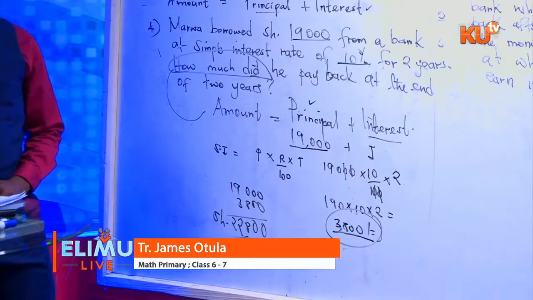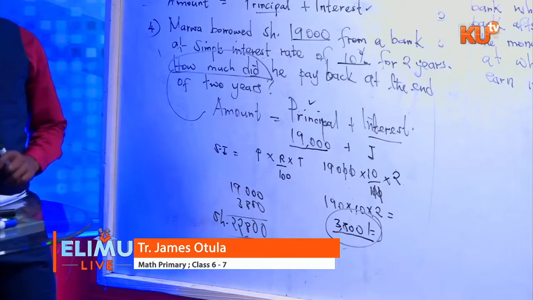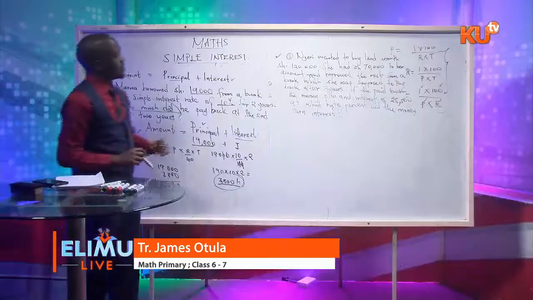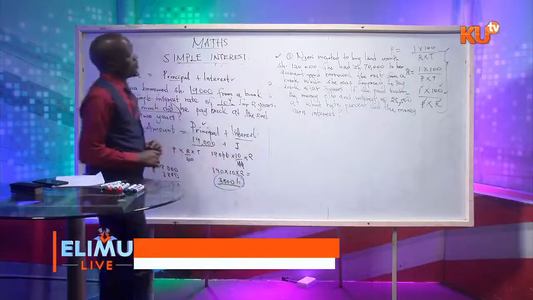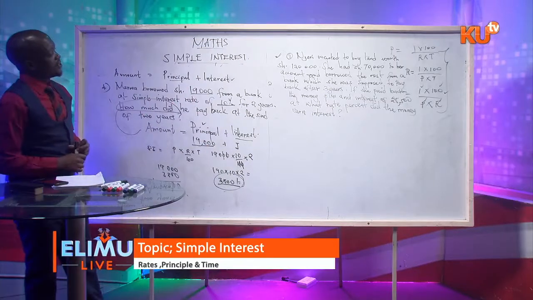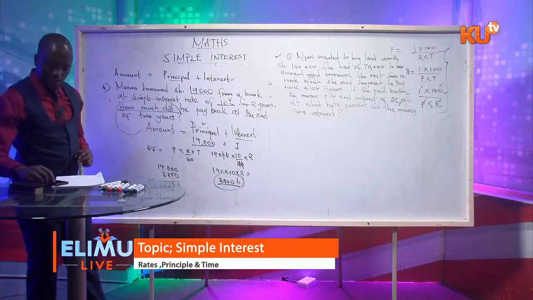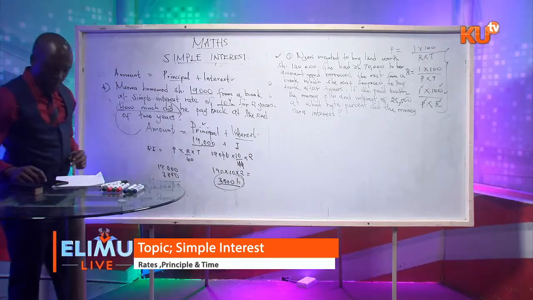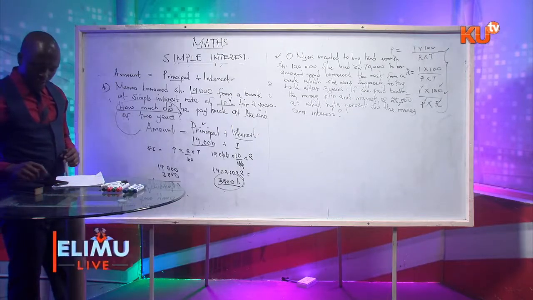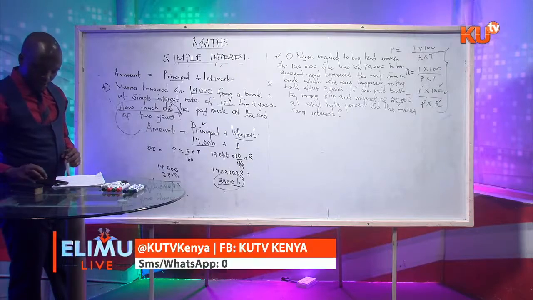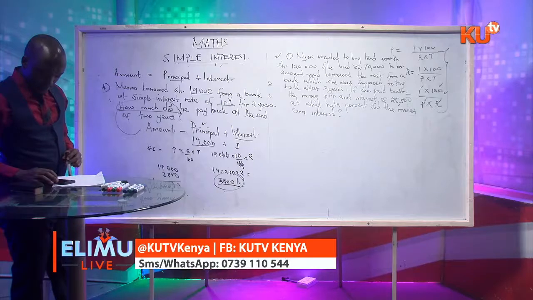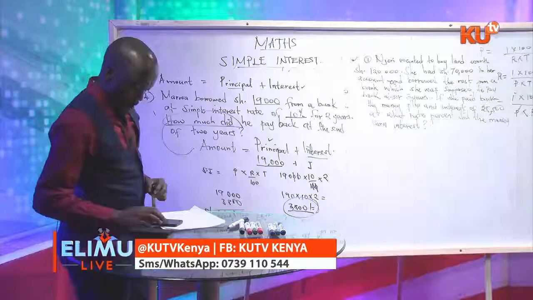I'll handle the question that I gave. I want to check what you did about this questionnaire of Njeri, who wanted to buy a piece of land. If there's something that is not clear to you, you can use the WhatsApp handle that is appearing on your screen, so that we get the feedback. You can see the feedback is amazing.